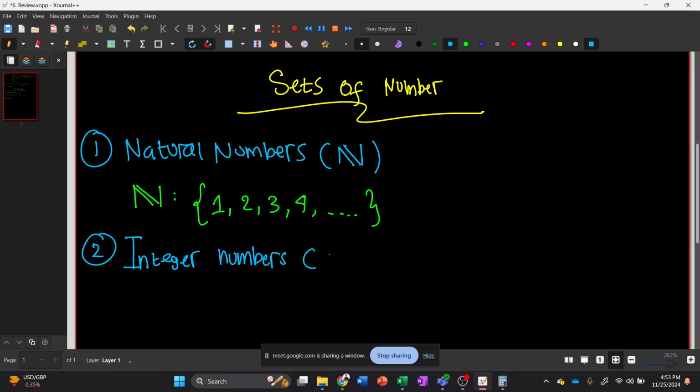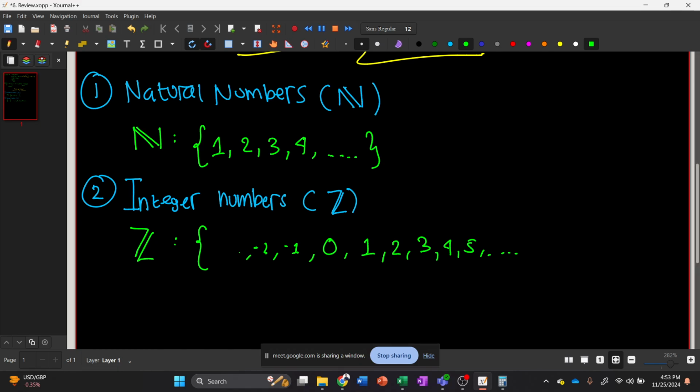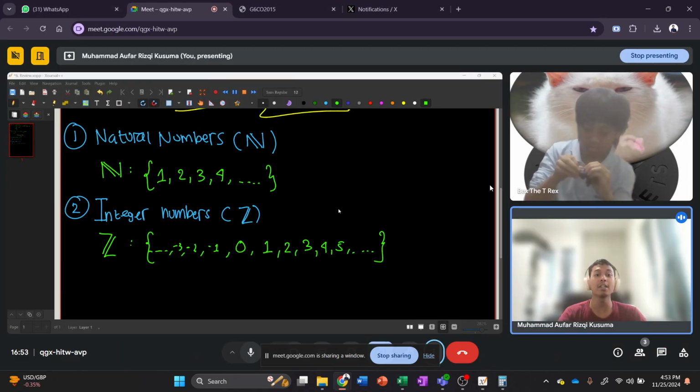So the sign will be like this. This is integers. Integers are a collection starting from zero, of course, then one, two, three, four, five, and then minus one, minus two, minus three, and so on. This is what we call an integer number.